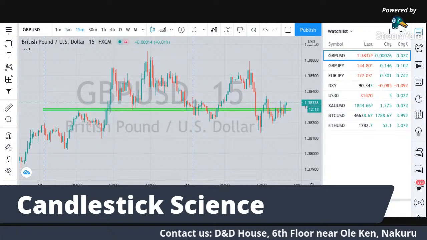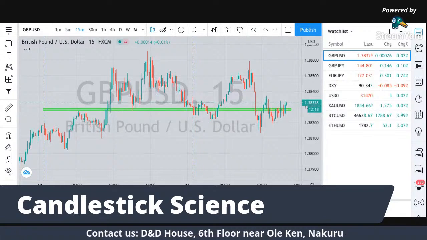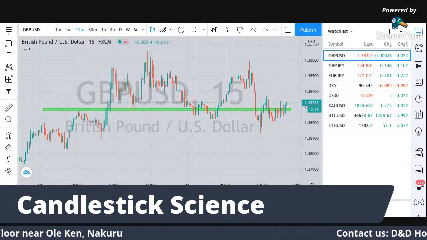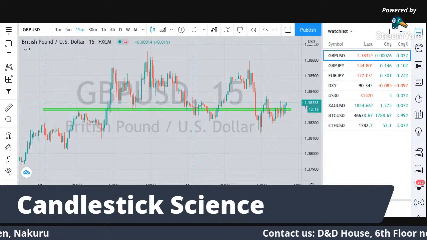Now this is what I'm expecting it to do. A break and then it comes back to test and then it flies back. It flies towards the high.